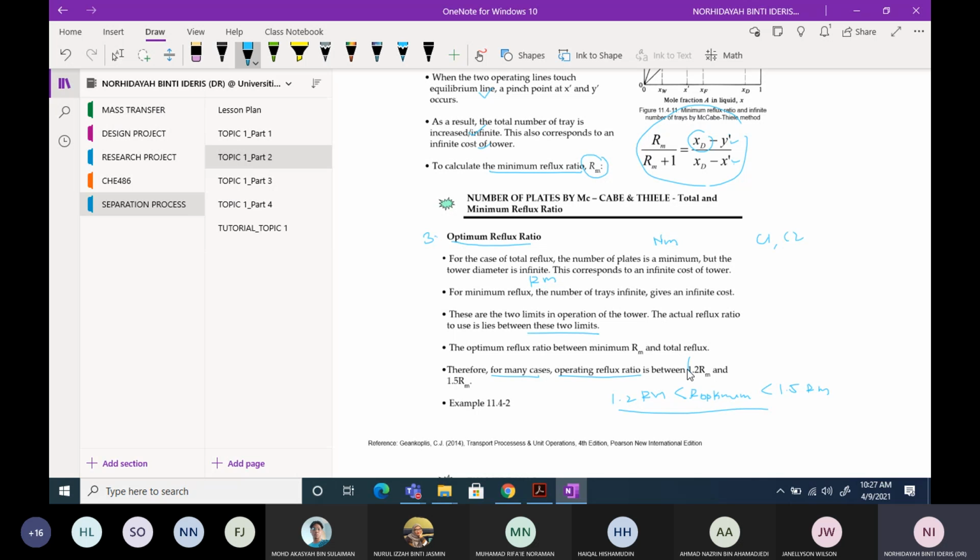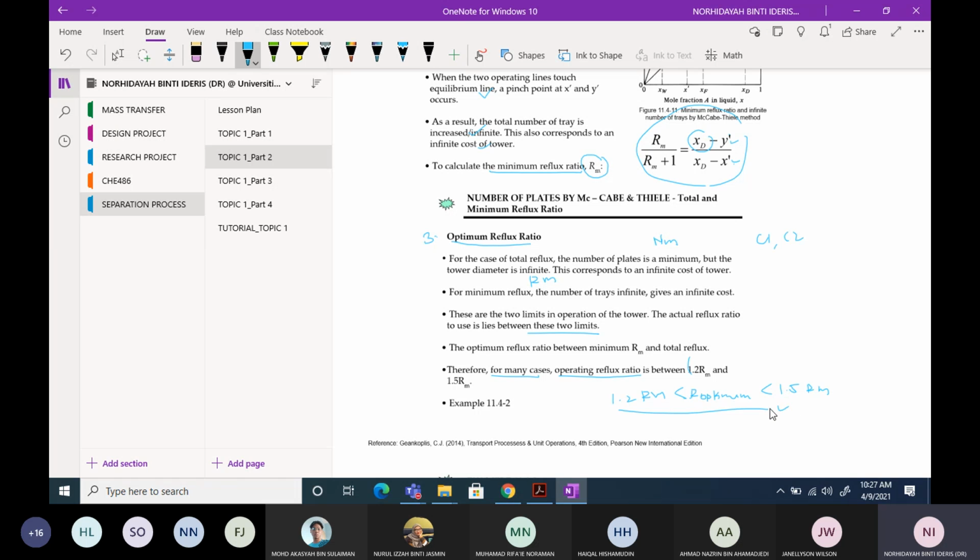So in designing this distillation column, you need to calculate the RM. Your optimum R, the rule of thumb, is bigger than 1.2 R minimum and must be less than 1.5 R minimum.